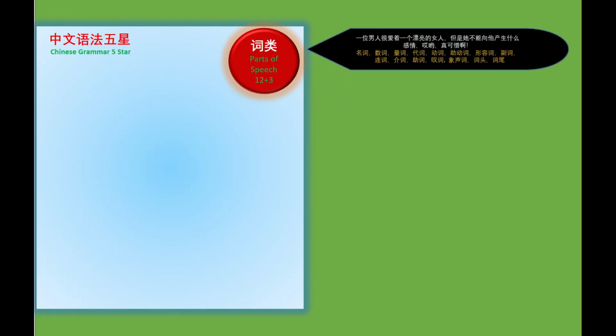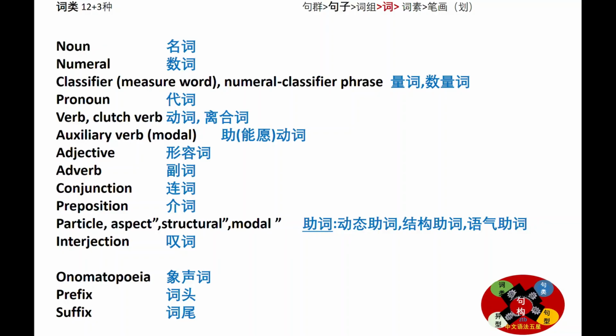First, 词类, parts of speech. In English, generally we have 8 parts of speech, but in Chinese, 12 plus 3. Why is it addressed this way? It's because some books present only 12 parts of speech, but some others present 3 more. You will see here, Chinese words can be sorted by these 词类.